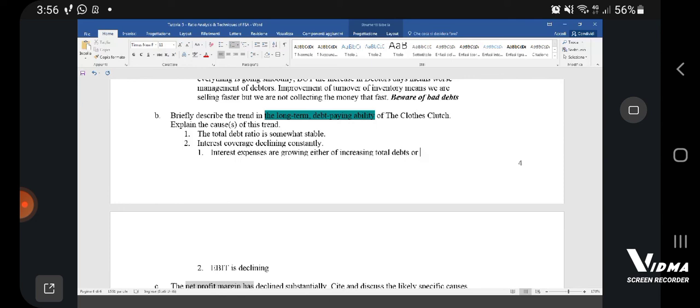So the interest expenses will grow either if I have more debts in total, or if I can pay more interest with the same amount of debts. Interest rate is increased.